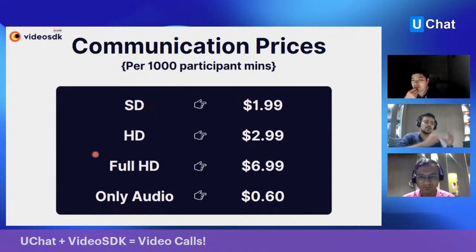For full HD, say you want a webinar or to facilitate a few high-profile clients on your chatbot, you can use full HD resolution. It will give you an amazing experience. For that, the price is $6.99 per 1000 participant minutes.